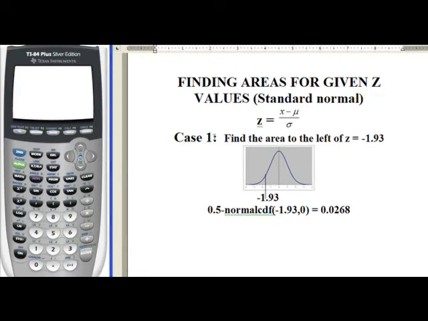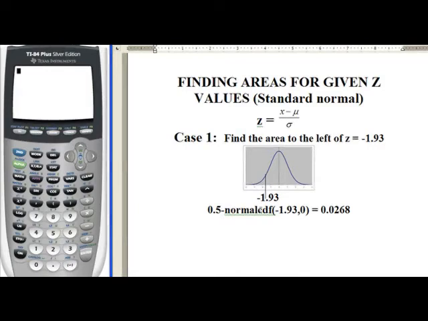Now, let's look at case 1. If we are trying to find the area to the left of z, given by this formula, of negative 1.93, this is what it means. You have to take the integral from negative infinity all the way to negative 1.93 and calculate this little area in here. Now, this actually is built into your calculator using the normal CDF button.